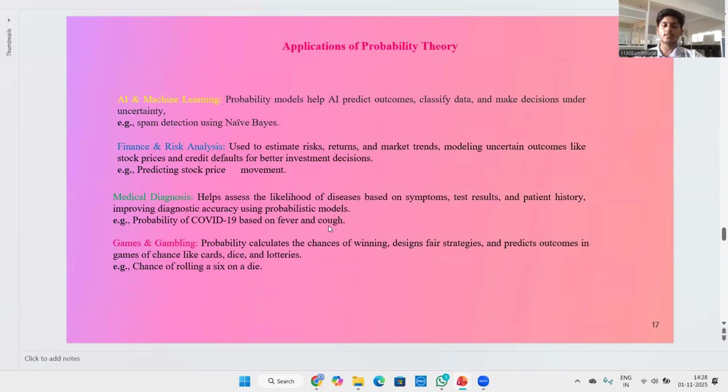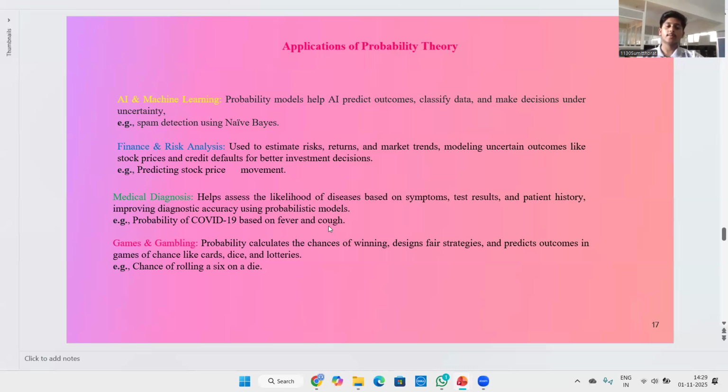It is used to estimate risks, returns, and market trends, modeling uncertain outcomes like stock prices and credit defaults for better investment decisions. Example, predicting stock prices, etc. Next, we see medical diagnosis. It helps assess the likelihood of diseases based on test results and patient history. Example, probability of COVID-19 based on fever and cough.